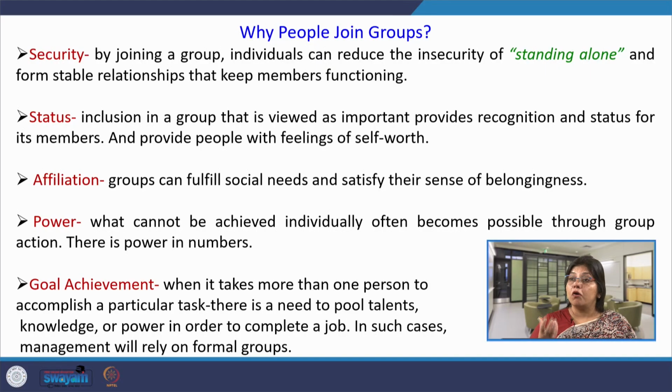So, this is the formalization structure of the group, which is established or created by some authorities. So, that is why people join groups, because there is security, there is status, there is affiliation, there is power and there is a sense of goal achievement.